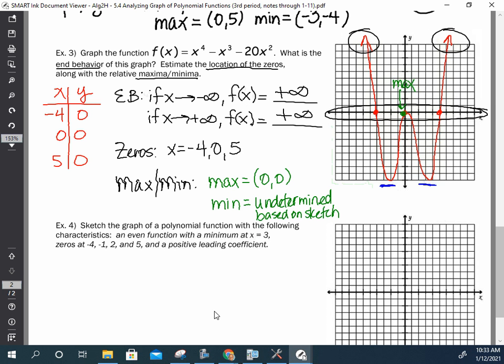Questions on example 3? Not seeing any in the chat, not hearing any. So we're good to go to example 4.